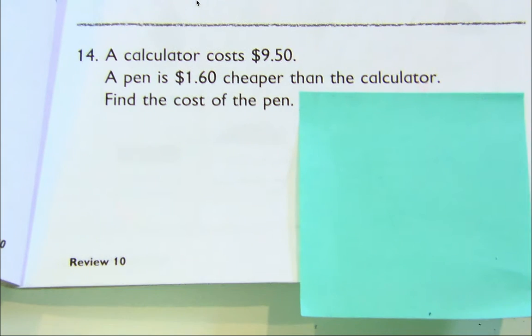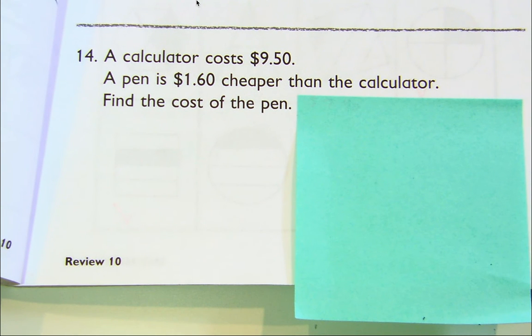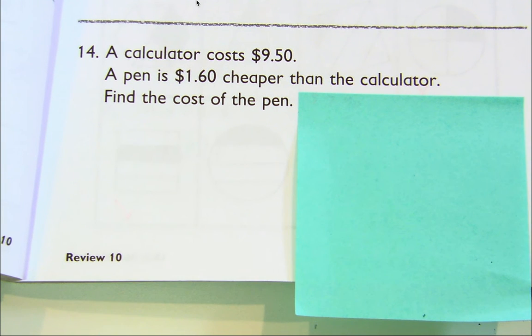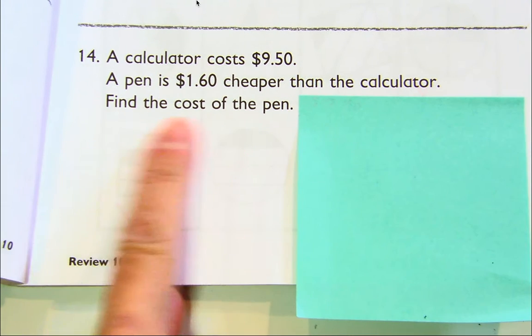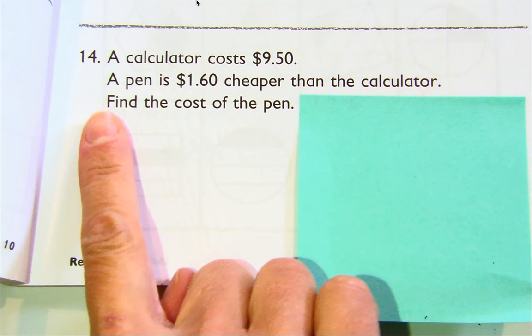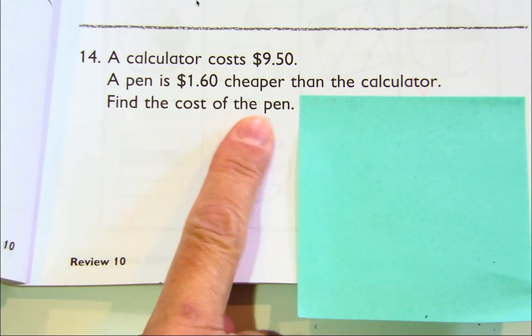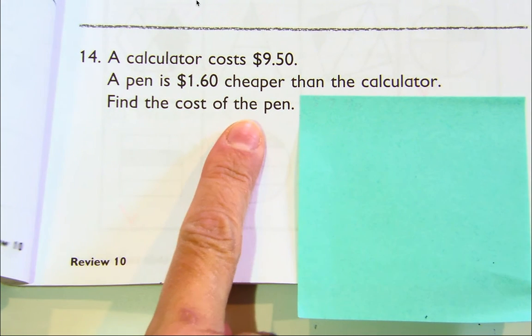See if we can do all the steps for this one. It says a calculator costs $9.50. A pen is $1.60 cheaper than the calculator. Find the cost of the pen.